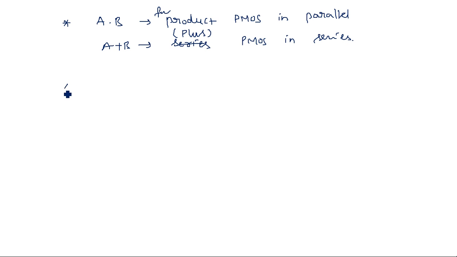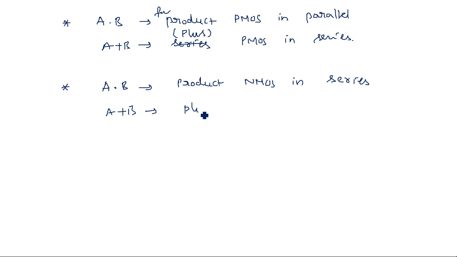This is fine, but with respect to NMOS realization, for product, NMOS transistors must be in series, and similarly for plus realization, plus is for making the NMOS in parallel.